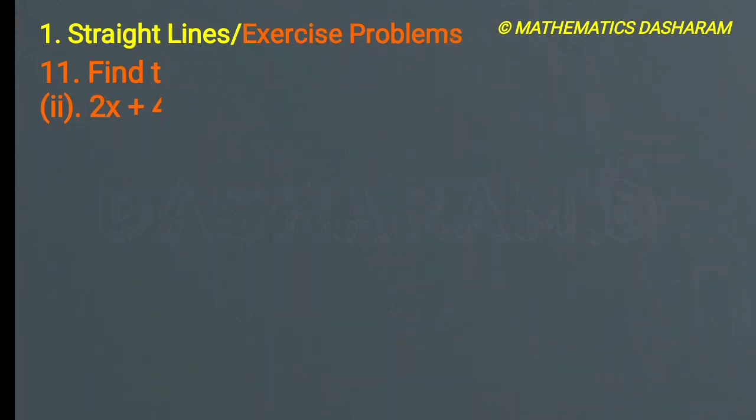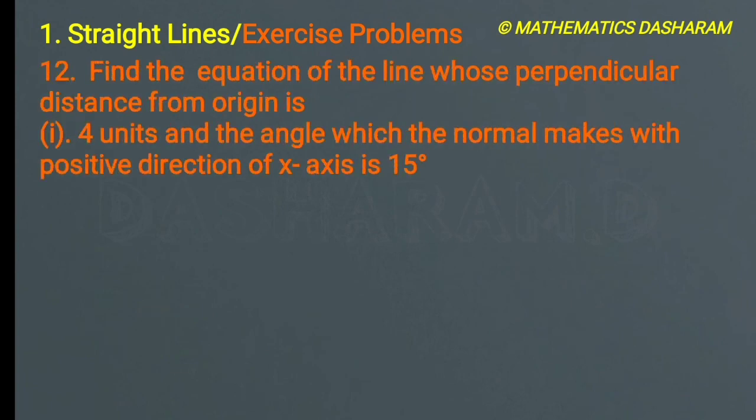Next question is the 12th one. Find the equation of the line whose perpendicular distance from the origin is 4 units and the angle which the normal makes with the positive direction of x-axis is 15 degrees. So here P equals 4 units.